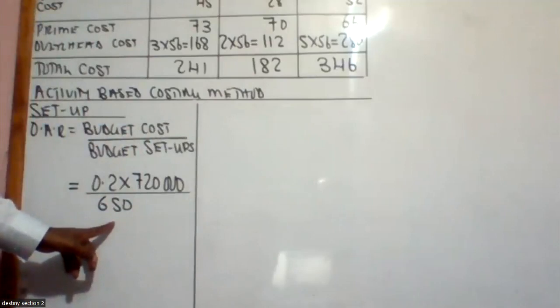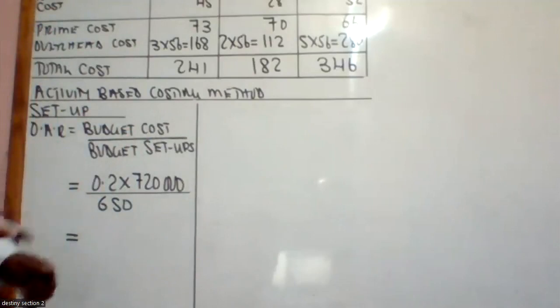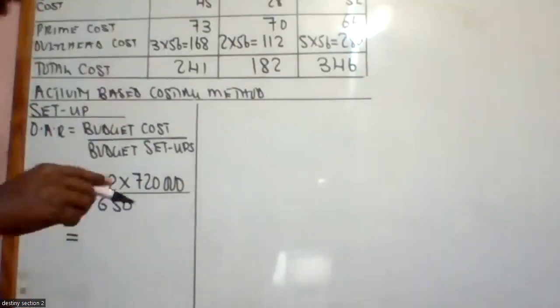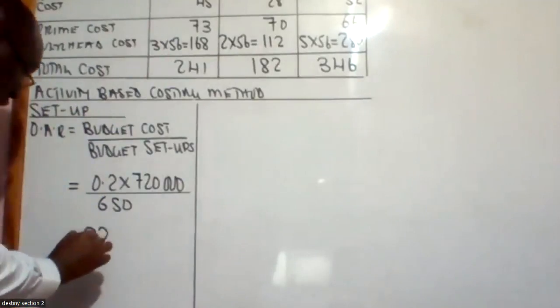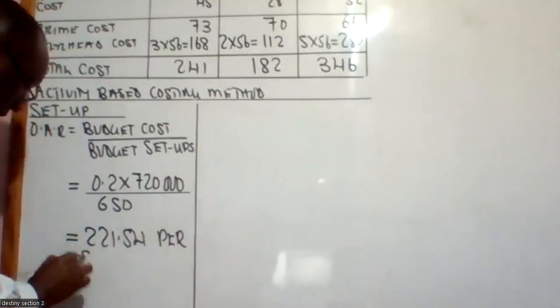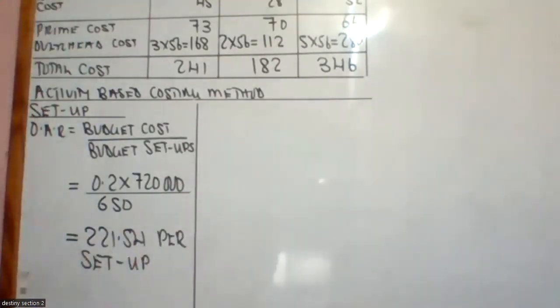We come back here, 0.2 times 720. You divide by 650. The answer is 221.54. 221.54 per setup. So it is per setup.